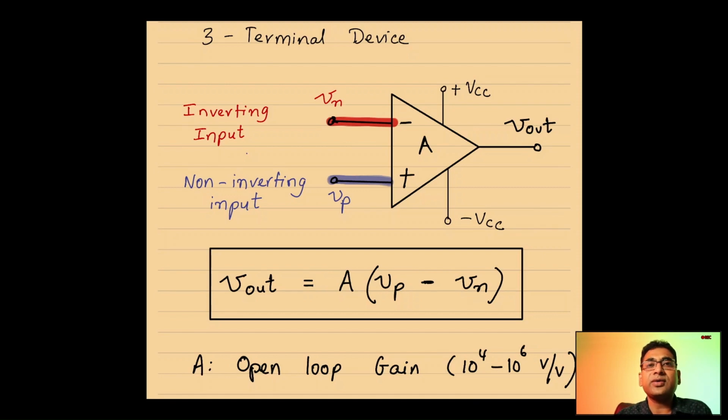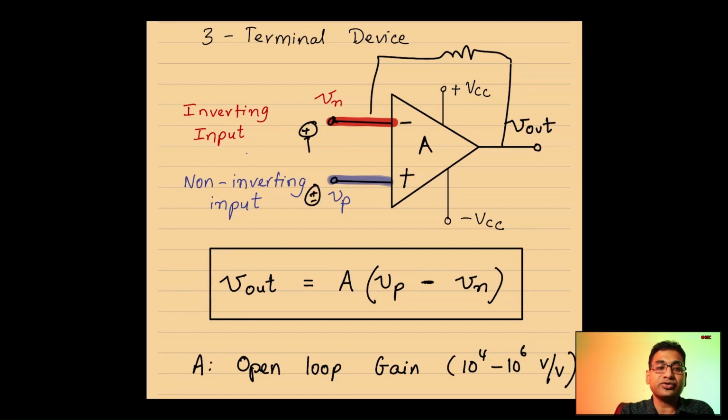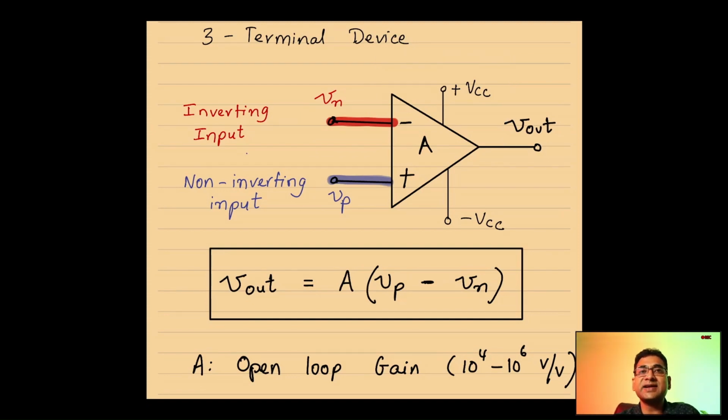Now, we're going to do all kinds of fun stuff. We're going to connect feedback, apply an input here, then apply an input there, and so on and so forth. But the first principles of an op-amp, as you see here, are really straightforward.